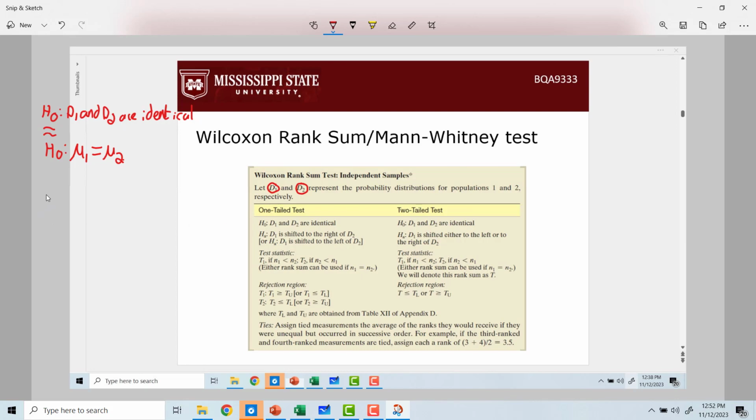So let's just think of the two-tailed. We've got the HA: D1 is shifted either to the left or right.